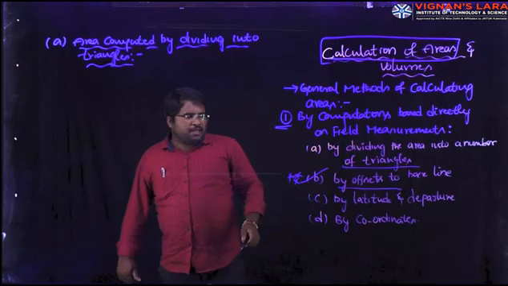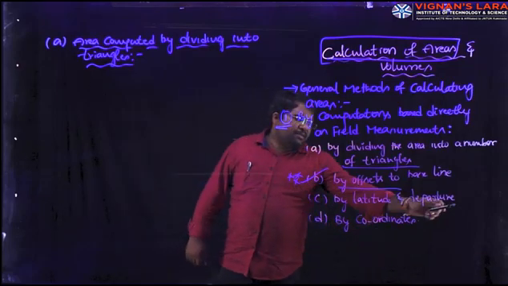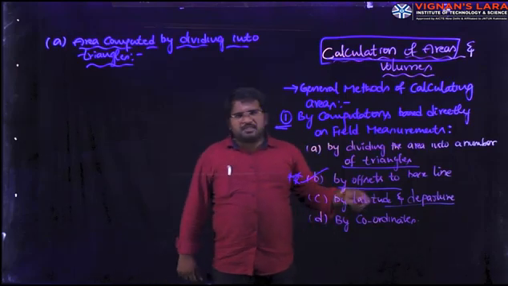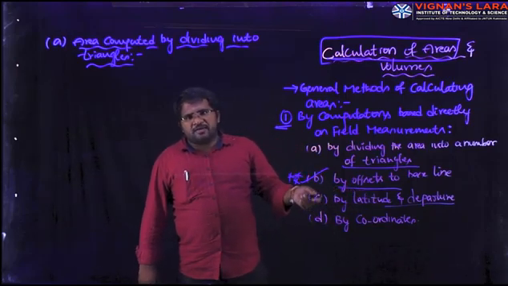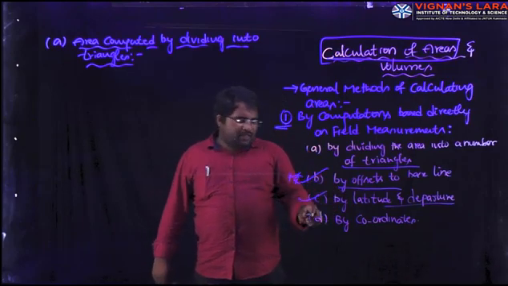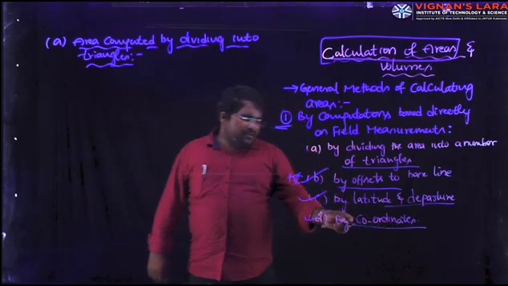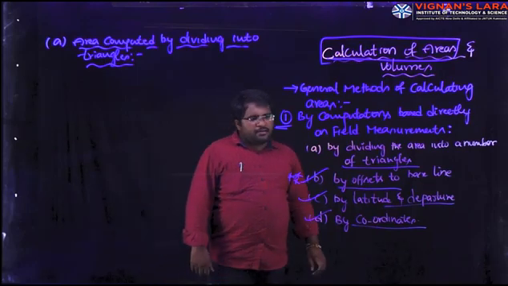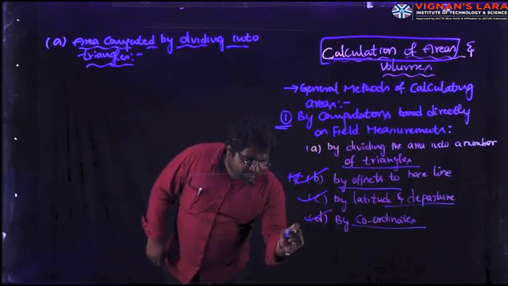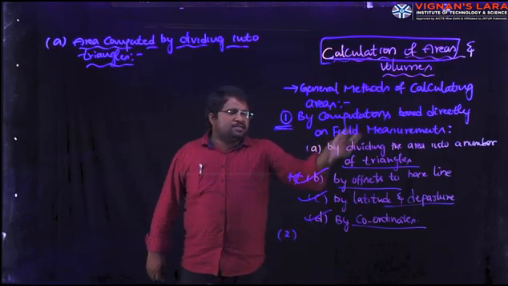Next, by latitude and departure, where we make distances along the x axis and y axis, and from there we know the area. Finally, we compute the area by coordinate methods.